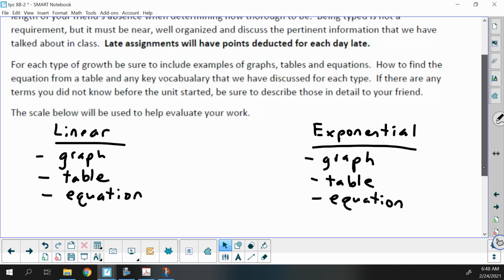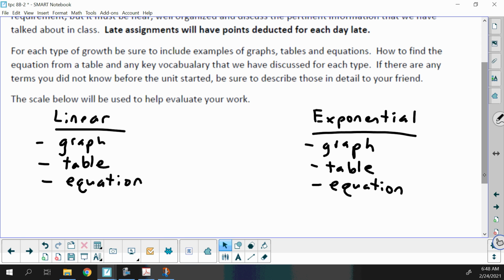So some things that we didn't know before these last few units that you should be sure to include. Think about that discussion post we made right before break. In our linear function, we knew our slope was constant.